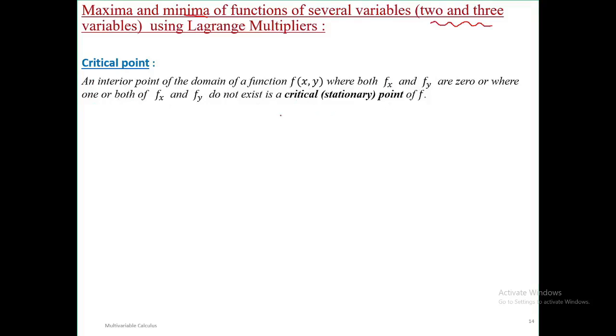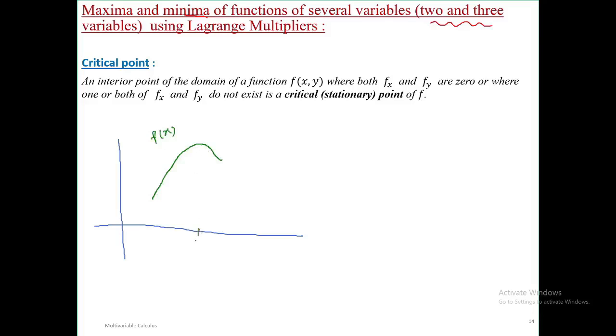What is the geometrical meaning of these things? See, I will explain in one dimension what is meant by this. For example, let us consider this curve. Now this is f of x. Let us consider only one dimension. Now look at this point.